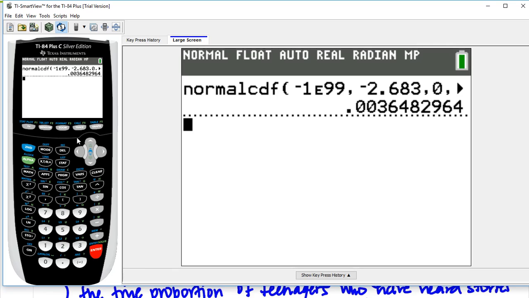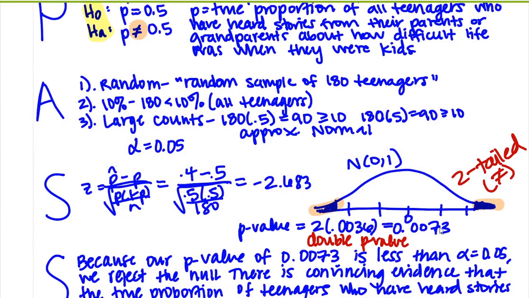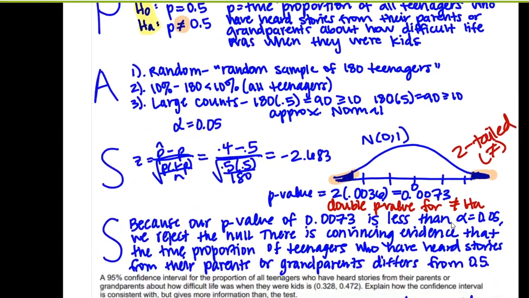And remember, that's just the area shaded to the left of that z-score, but a not equal to HA should really be shaded on both sides since we're not indicating a direction. Being lower or higher, it could be either one, and so hit times 2, and that's where I got 0.0073. So double the p-value for a not equal to HA.